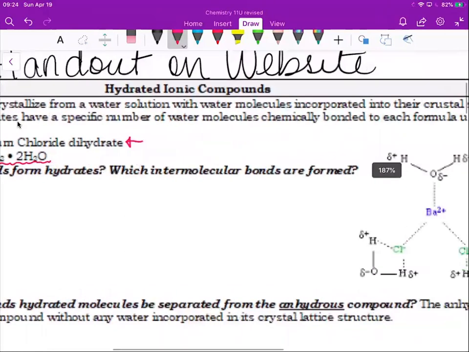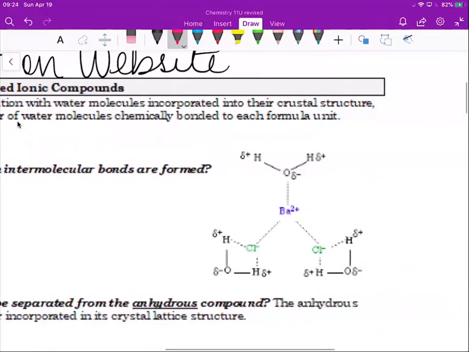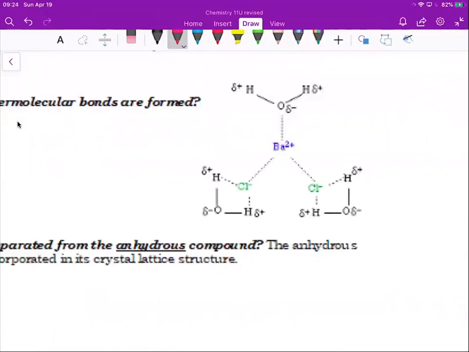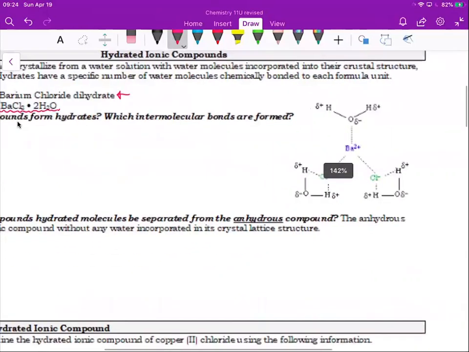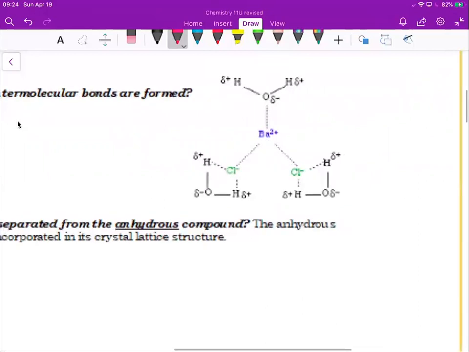And let's have a look at what it actually looks like. So, this is trihydrate. I don't know where I got this image. Okay. So if we're looking at the actual ionic compound, this right here is the ionic compound where you have barium and two chloride ions forming an ionic bond because of electrostatic attraction.